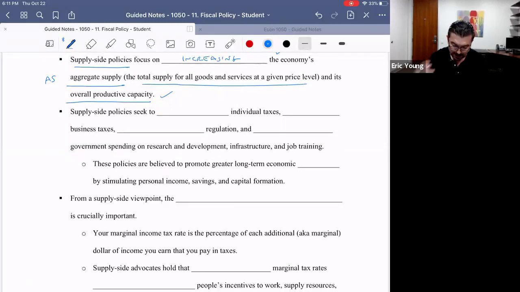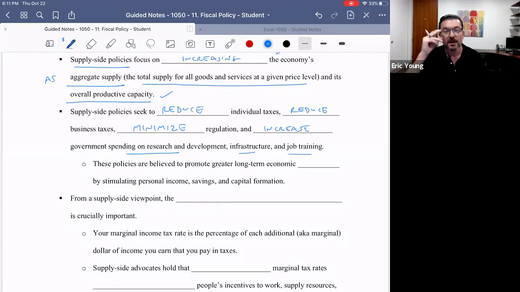Well, number one, supply side policies seek to reduce individual taxes. They seek to reduce business taxes. They seek to overall minimize the regulation of the economy, and they seek to increase government spending, but specifically government spending that is targeted to research and development, infrastructure, and job training.